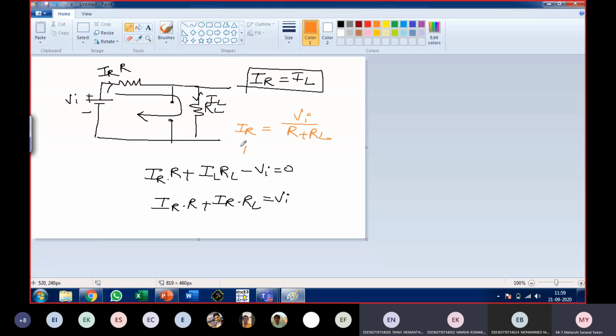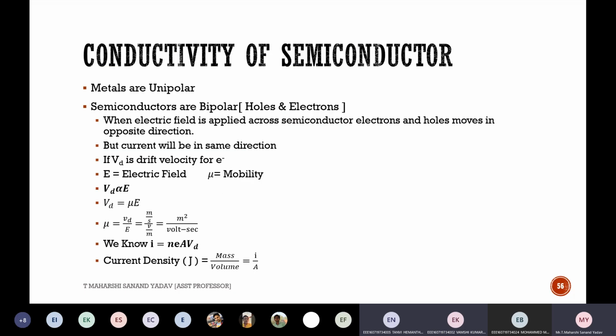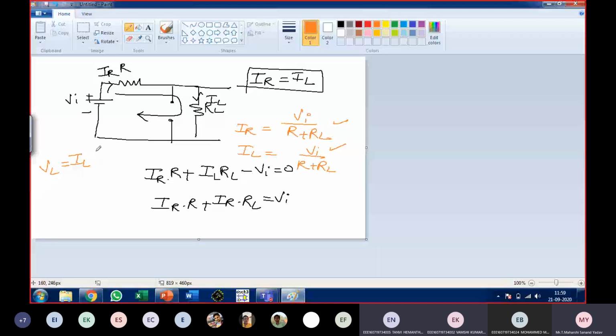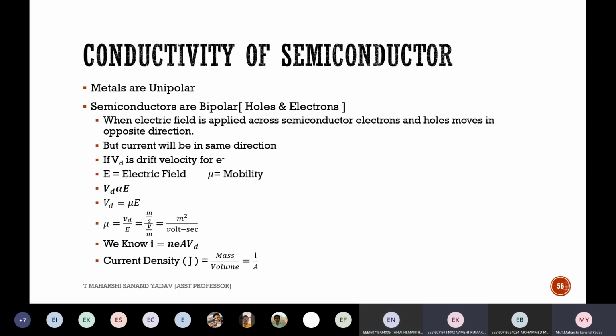I can write IL is equal to Vi by R plus RL. Clear? Now I want VL. VL can be written as IL into RL.